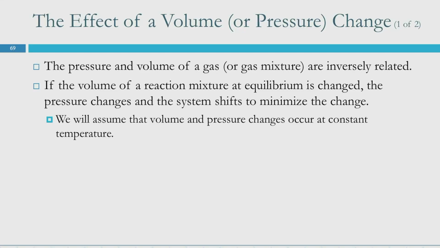All right, pressure and volume are inversely related. Think in PV equals nRT. If one of these goes up, the other goes down, if nRT is constant.